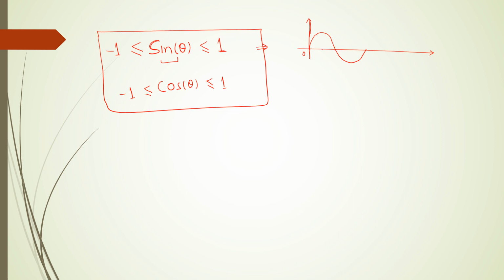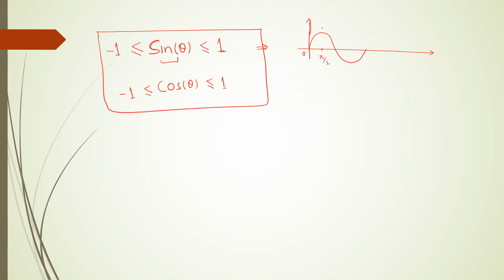The value at pi by 2 is 1. So it is bounded between plus 1 and minus 1. It will touch it here.